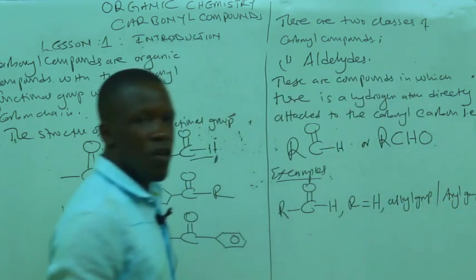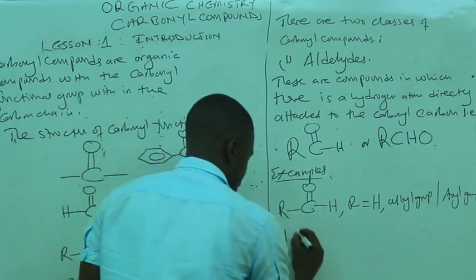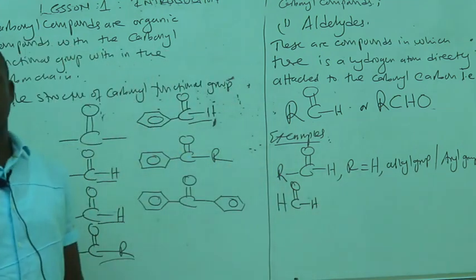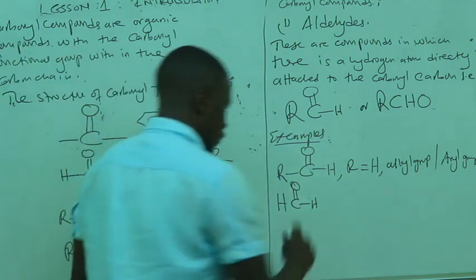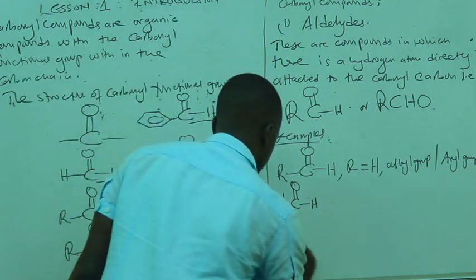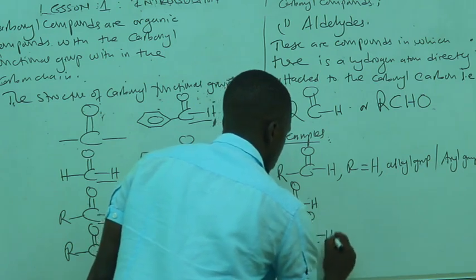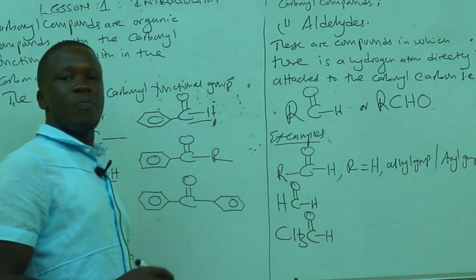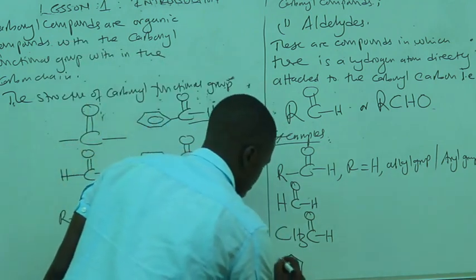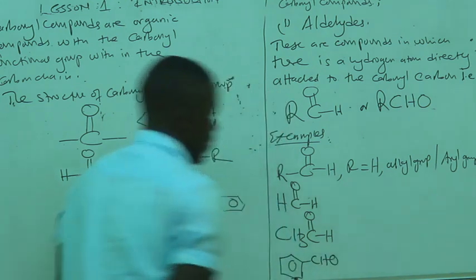If it is a hydrogen atom on this side, then we have the simplest aldehyde, and that aldehyde exists. If it is an alkyl group, like methyl, then we would have CH3CHO. But it could also be a benzene ring. If it's a benzene ring, then we can have such a compound.